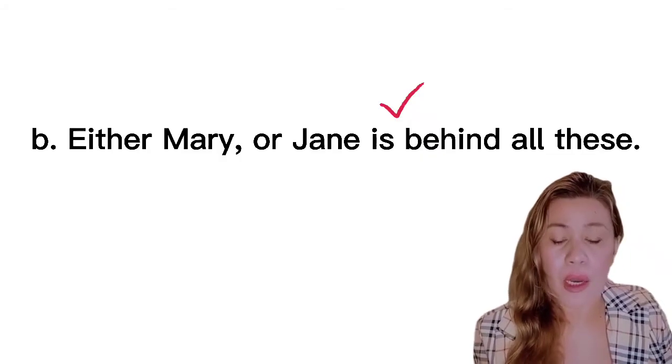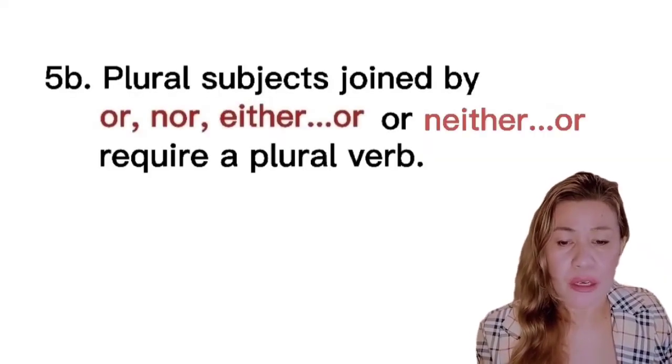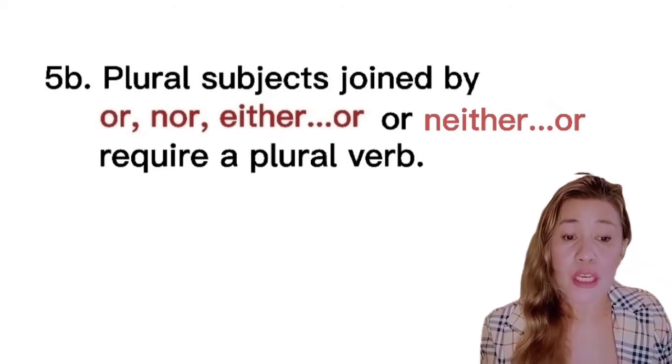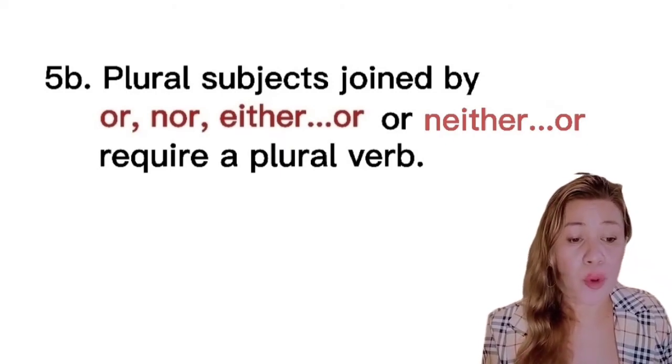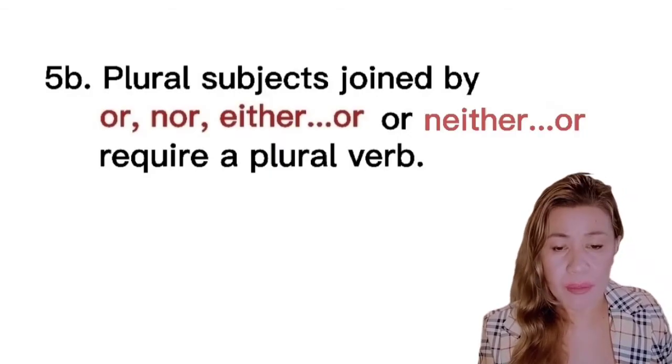Okay? Moving on. Rule 5B. Rule 5B says plural subjects joined by or, nor, either or, neither nor require a plural verb.